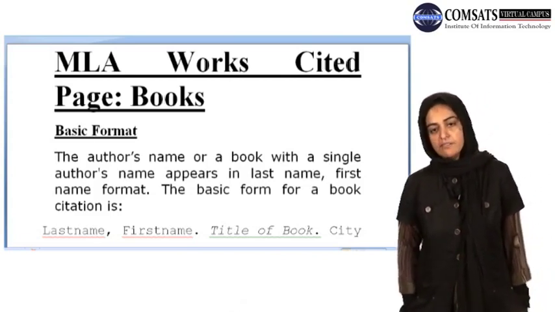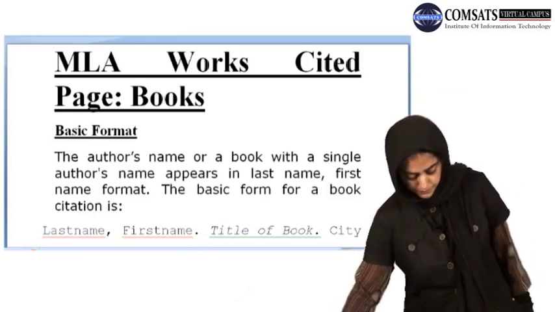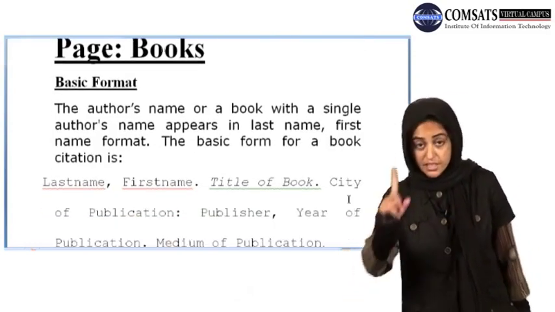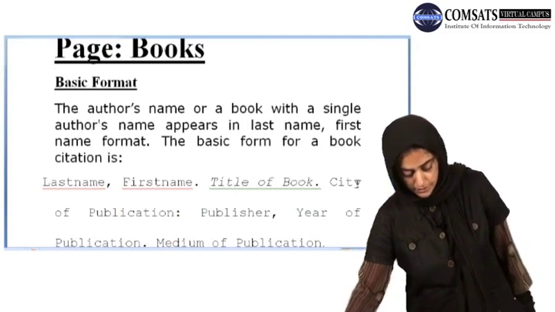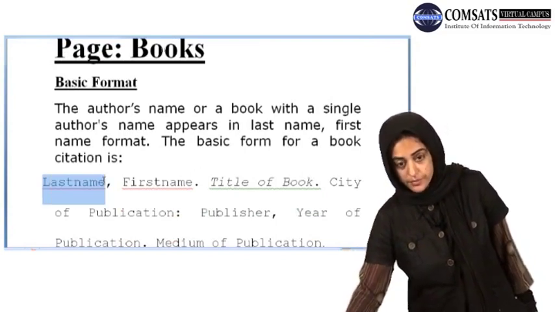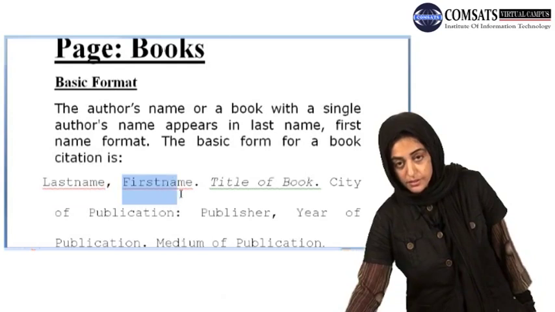Basic format, kindly have a look on the screen. Dear students, we are discussing the single author example at the moment. Last name of the author, the first name of the author.